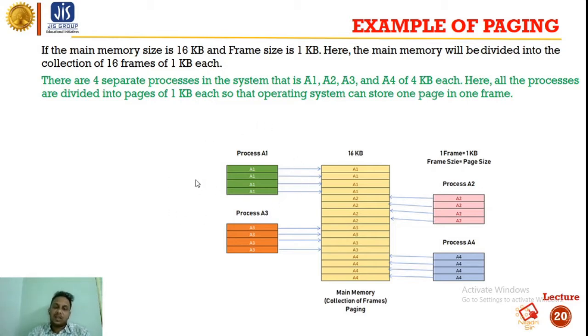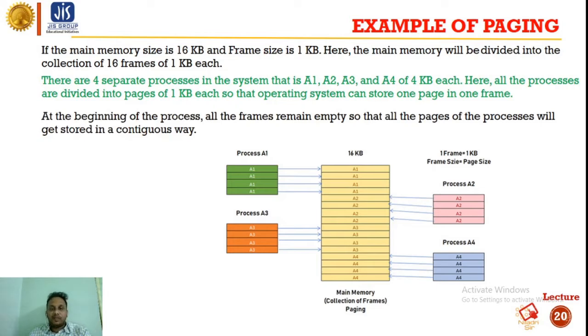Each process is of size 4 KB, and these 4 KB are divided into 4 parts. Here all the processes are divided into pages of 1 kilobyte each, so that the operating system can store one page in one frame.